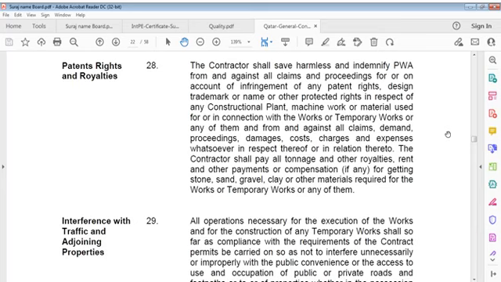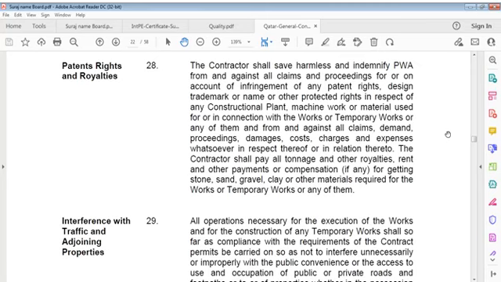Contractor shall save harmless and indemnify client from and against all claims and proceedings for or on account of infringement of either patent, design, trademark or name or other protected rights in respect of construction plants, machine work or material used for or in connection with works or temporary works, or either of them, and from and against all claims, demand, proceedings, damages, costs, charges, and expenses whatsoever in respect thereof, or in relation thereto.